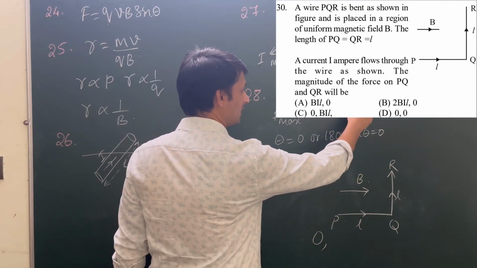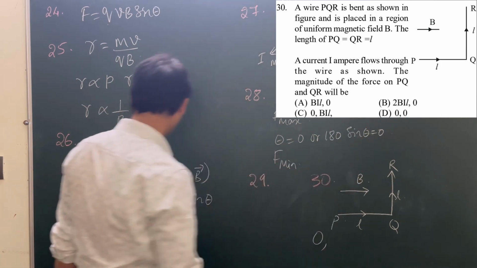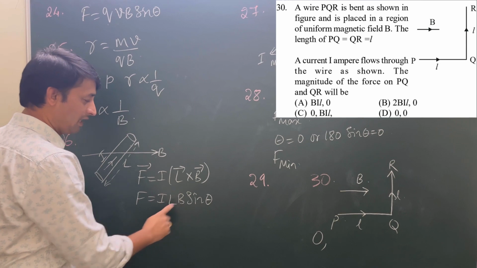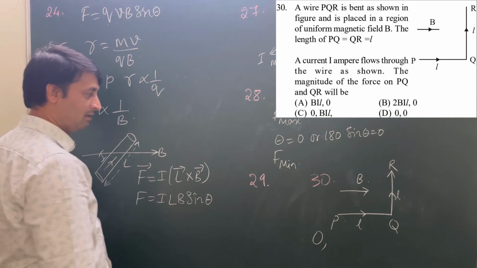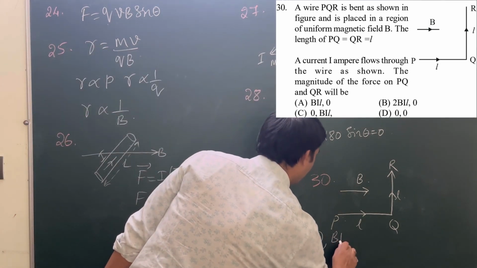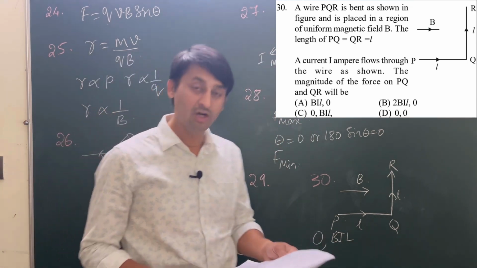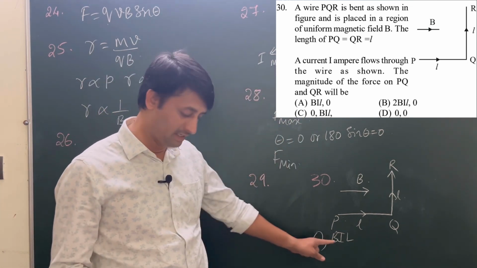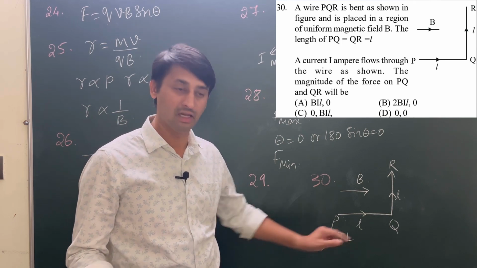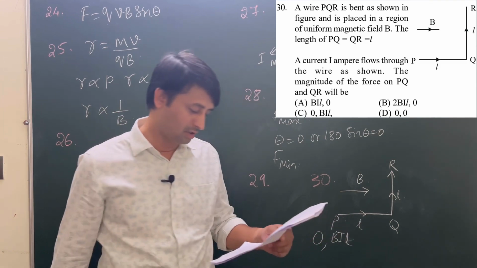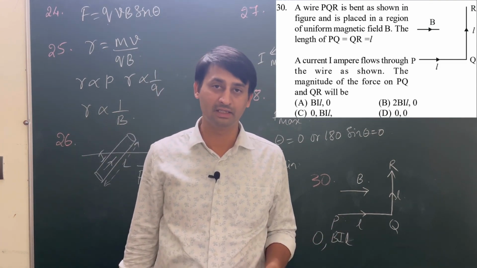Sin 90 is 1, so the force will become ILB or BIL. Then the correct option will be option C, 0 and BIL. Option C is the correct answer.